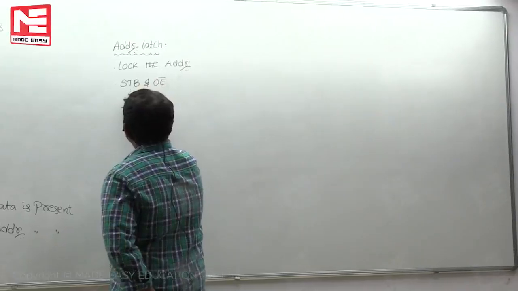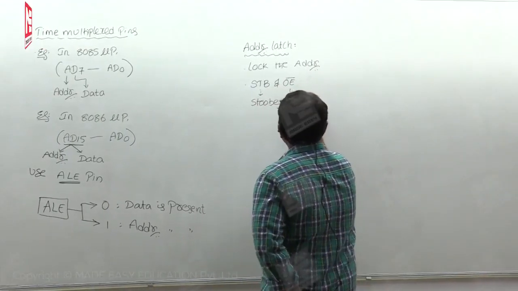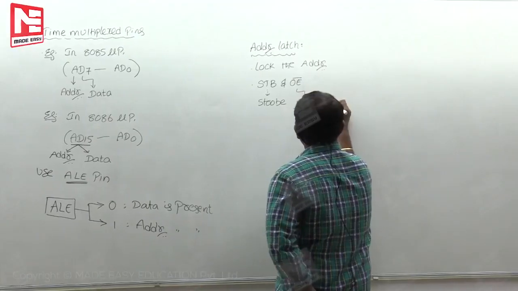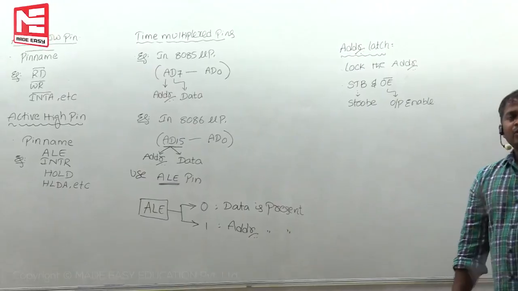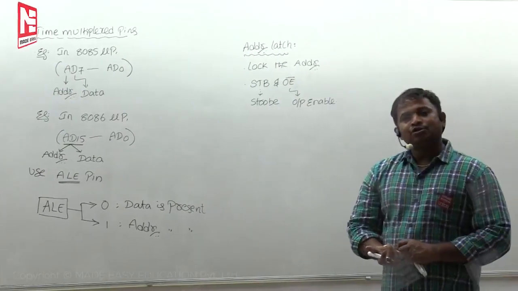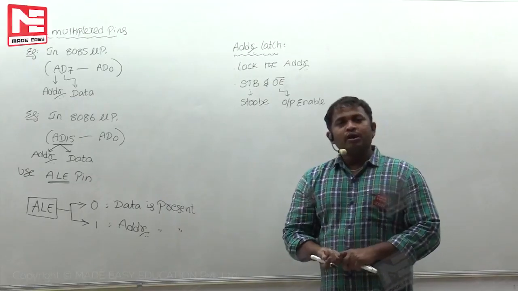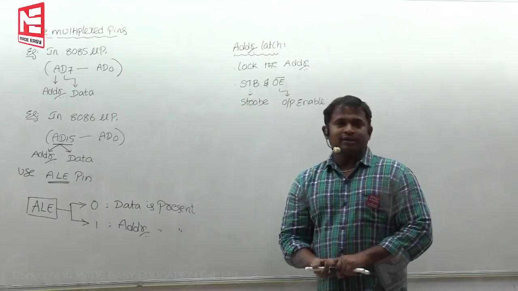STB stands for strobe. OE bar stands for output enable. Clear now? STB is an active high pin. OE bar is an active low pin. The STB pin is used to control the input lines. The OE bar pin is used to control the output lines of a latch respectively.